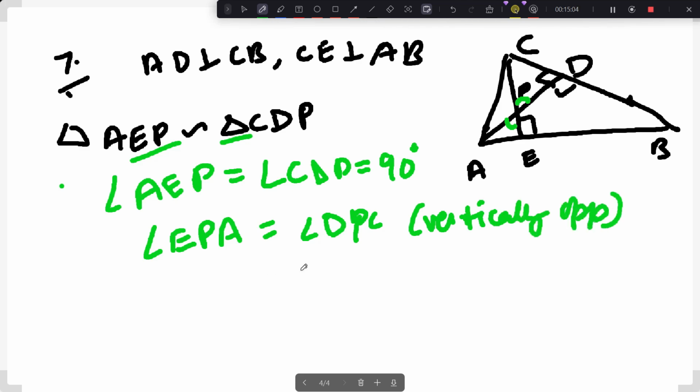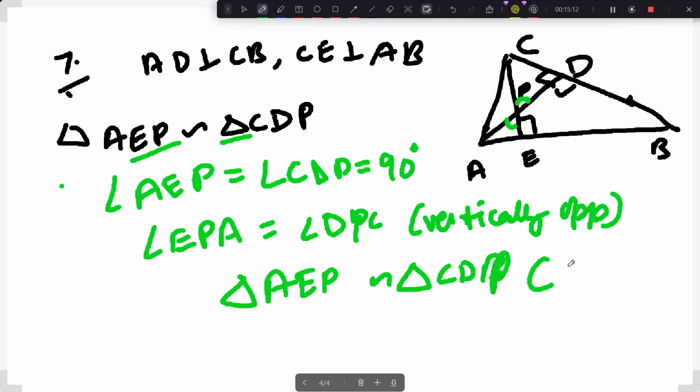Hence the third angle will also be equal. So hence it is similar, by the AA or AAA similarity criterion.